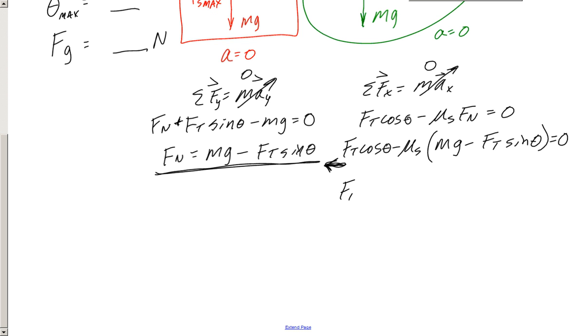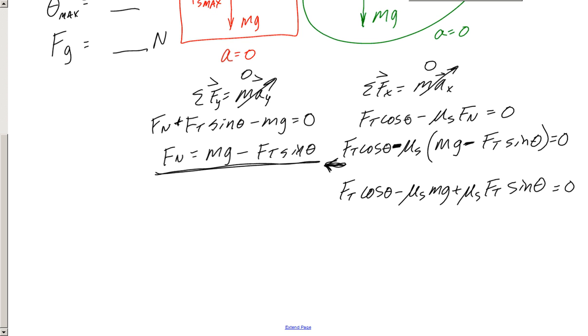So we now have Ft cosine theta minus mu static mg. Be careful here because we have a negative mu static and a negative Ft. This is going to be plus mu static Ft sine theta equals 0. Okay, let's take a look at that and see if that looks good. Okay, I think that looks good.